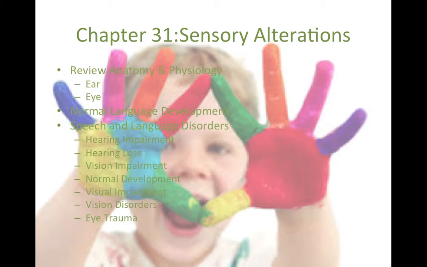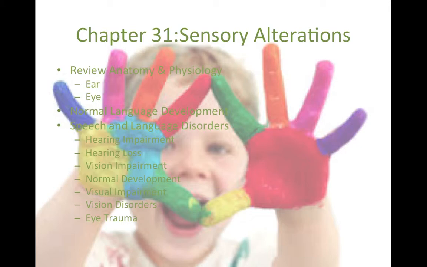Go ahead and look at your clinical manifestations and review the decibel levels of various sounds, which can be found in your Table 31-4 in your text on page 1158. You also want to know how hearing loss affects the speech and language development. That can be found in Table 31-5 on page 1158 as well.